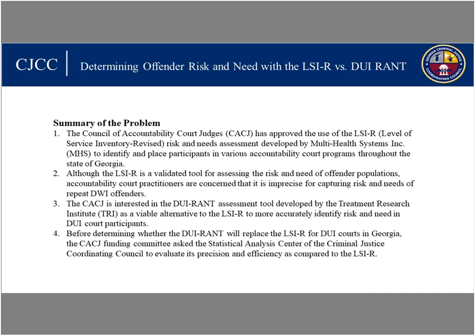Since 2013, the leaders of the state of Georgia have been enacting a series of criminal justice reforms throughout the state. And as part of those reforms, it was decided to use state funds for grants to expand the number of accountability courts in the state or increase the capacity of existing accountability courts.